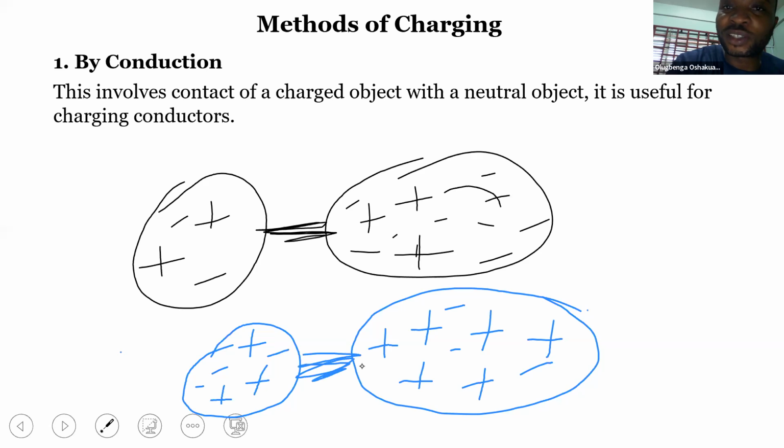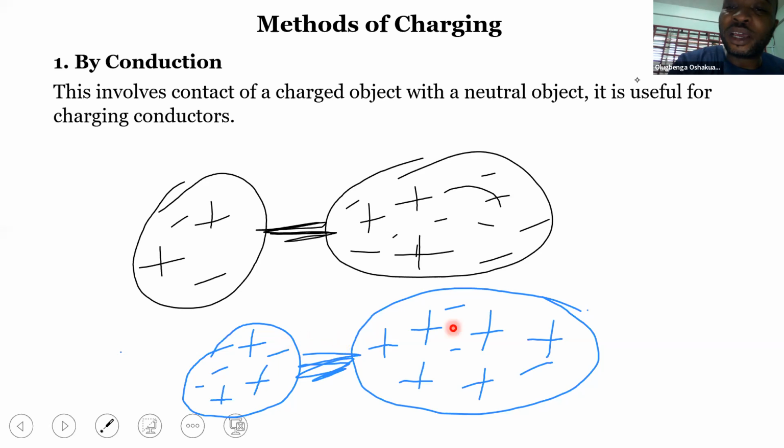When there is a contact, positive charges will not flow from here to the neutral body. What will happen is that part of the negative charges will leave this neutral body and come to the originally charged body.